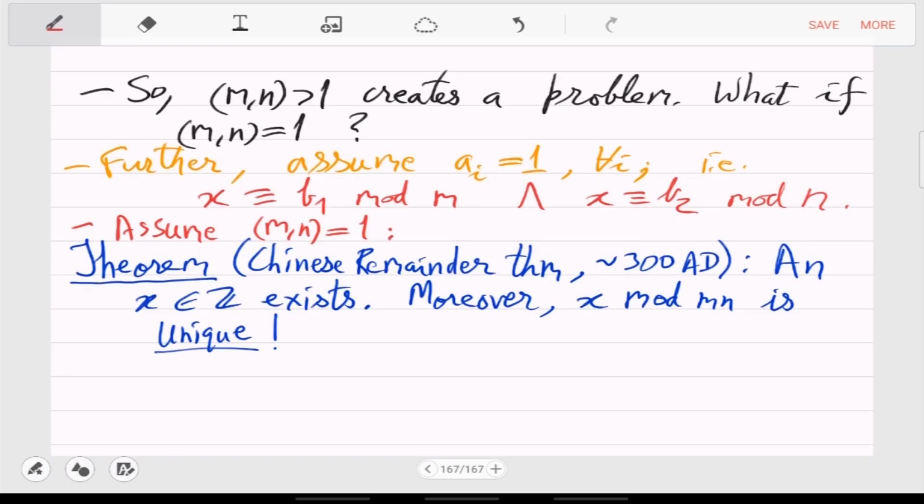So adding multiples of mn still will be a solution of this simultaneous linear equation. So there are infinitely many solutions. To make those infinitely many solutions unique, you have to say mod mn, and then it is unique. So this will need a proof, of course, this is not obvious.